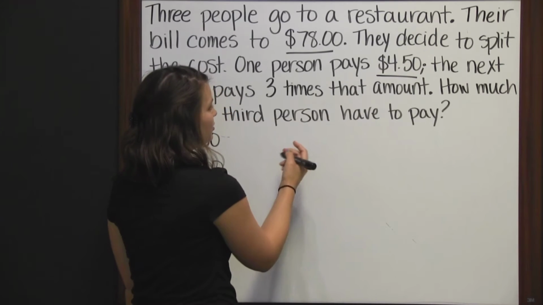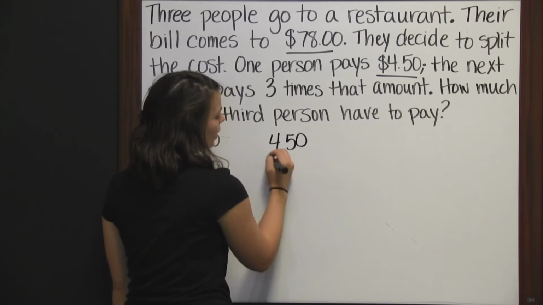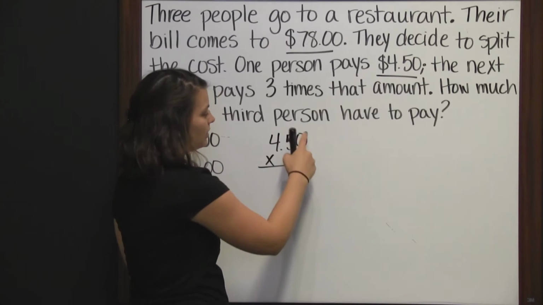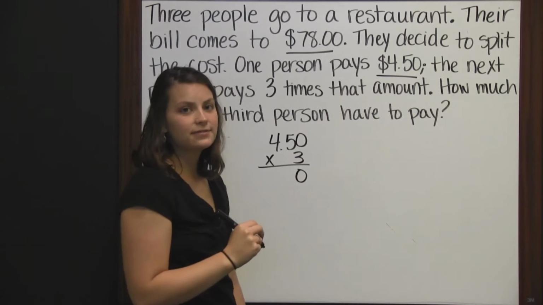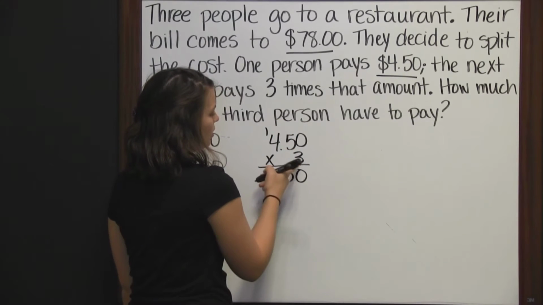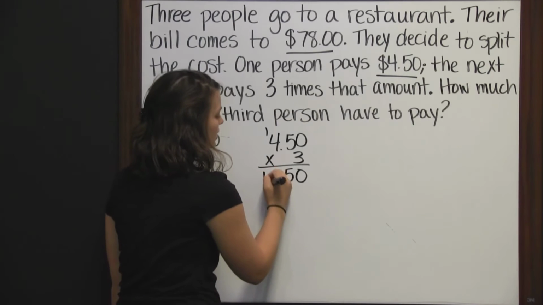So to figure out how much they paid, we take the $4.50 and multiply it times 3. 3 times 0 is 0. 3 times 5 is 15. So write the 5, carry the 1. 3 times 4 is 12, plus 1 is 13.